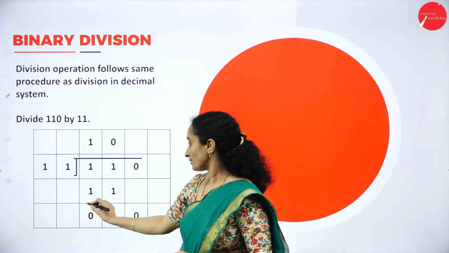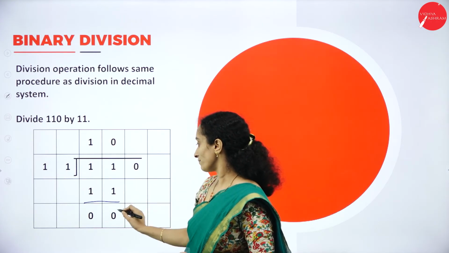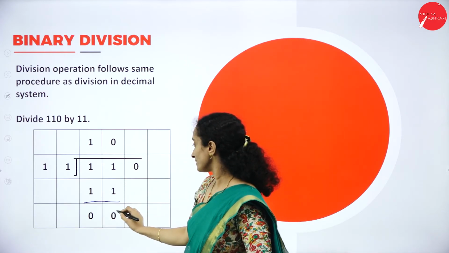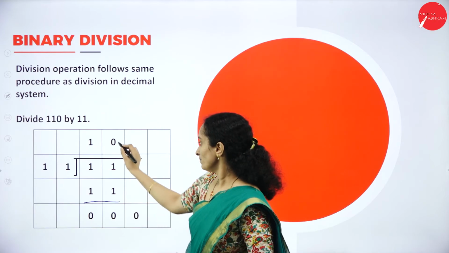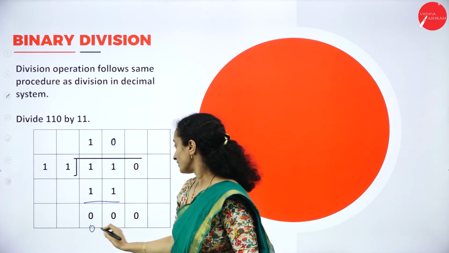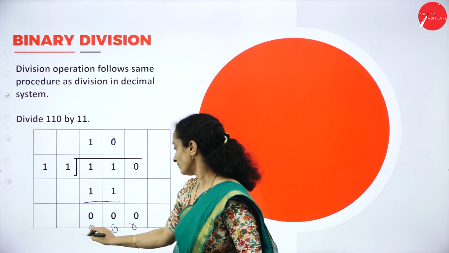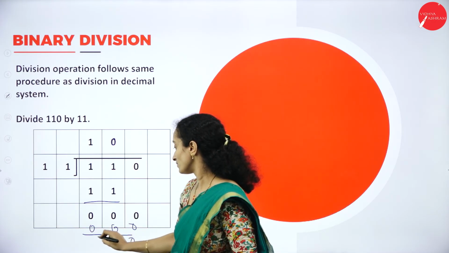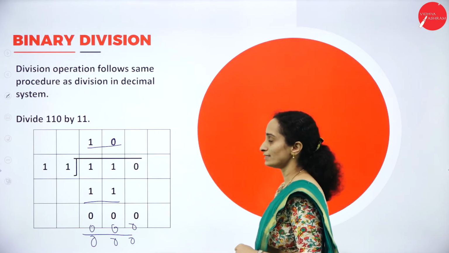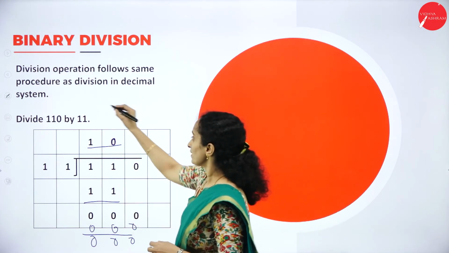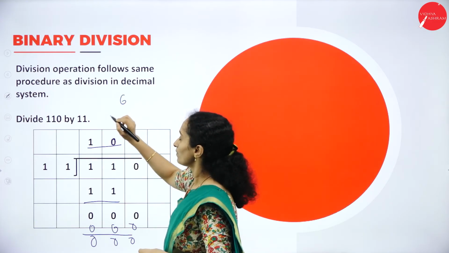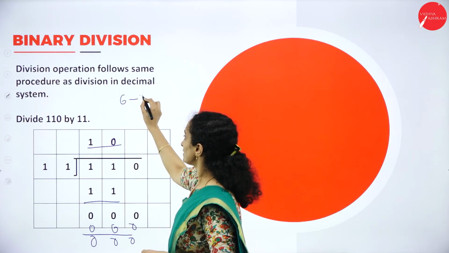When you subtract this, you get 1 minus 1 is 0, 1 minus 1 is 0. There remains 0, 0. You can add 0, multiply it with this, you will get 000, which results in 000. So the final quotient is 10. When you check, 110 is 4 plus 2, which is 6, and 11 is 1 plus 1 is 3.